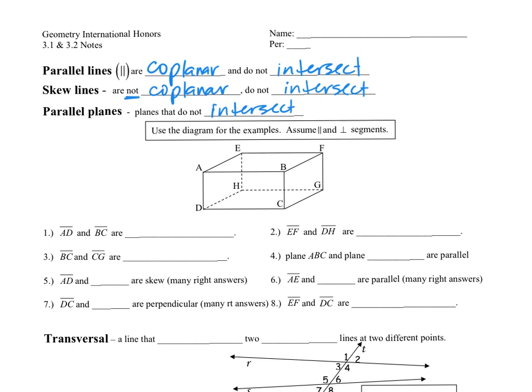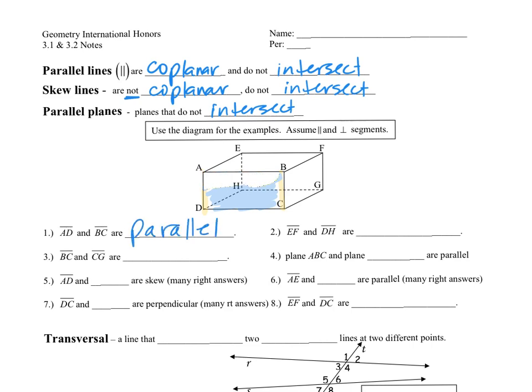So let's start with our first example, segment AD and segment BC. Well, I think you can see that they lie in the same plane. If you can imagine this plane that would be like the front of a box, of a rectangular prism, they lie in the same plane. They do not intersect. So we would say that those lines are parallel. All right.